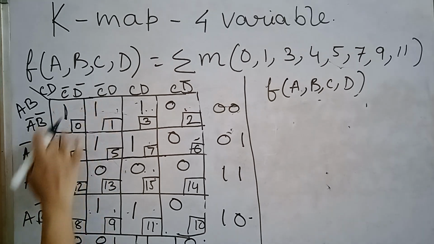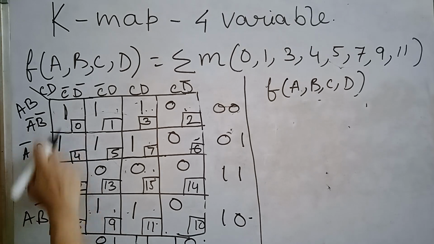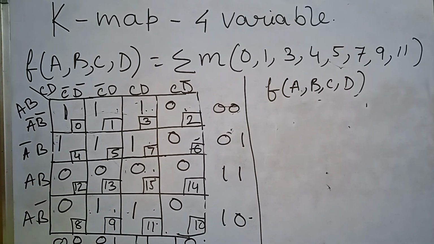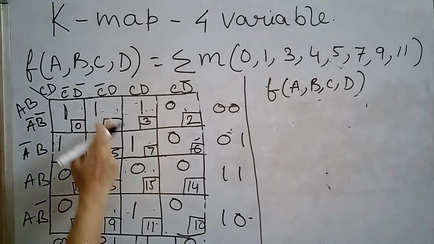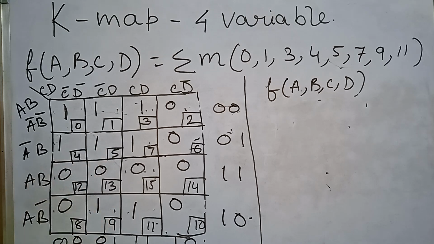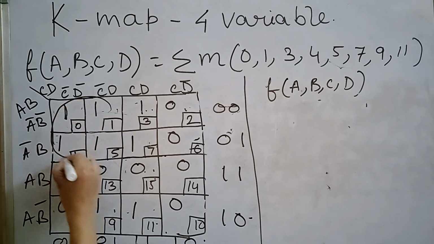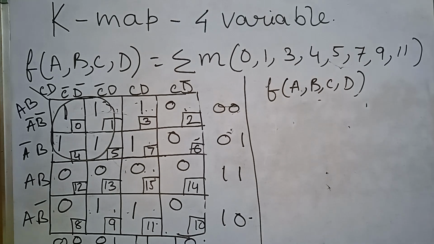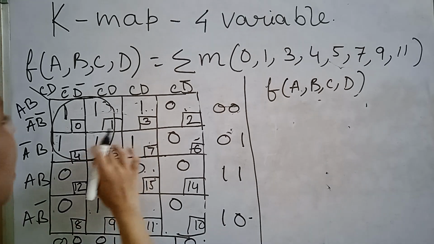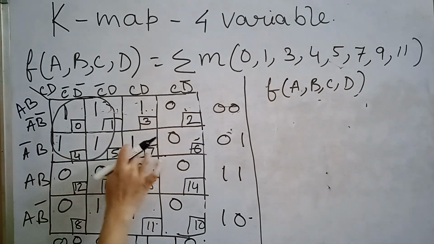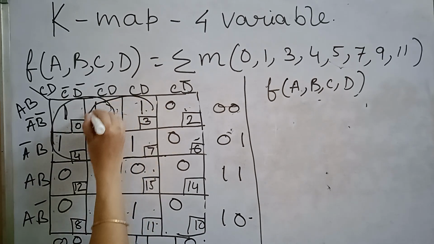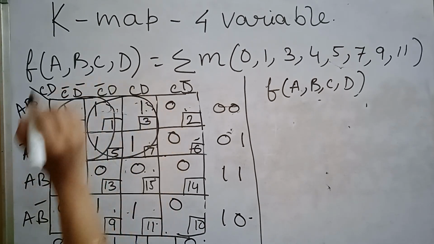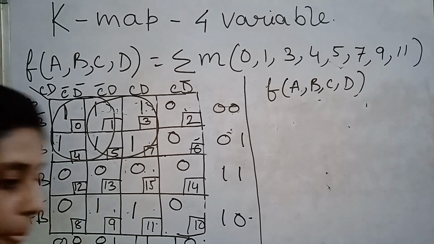They are in horizontal and vertical orientation. 4 ones, that is a power of 2, 2 to the power 2 is 4, and there is no gap. So we will put this as a group. Now see, these 4 ones can also be in a group.